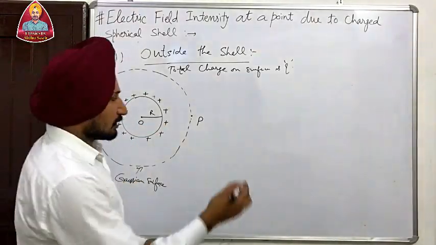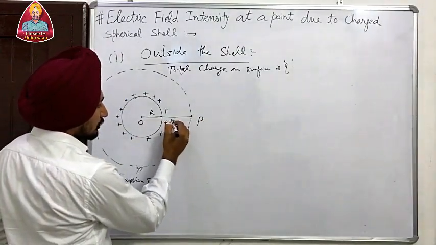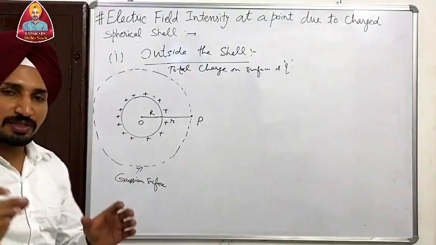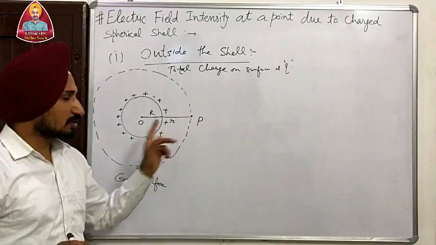Let us consider this point P is at a distance small r from the center of the spherical shell. The distance between O and P is small r.